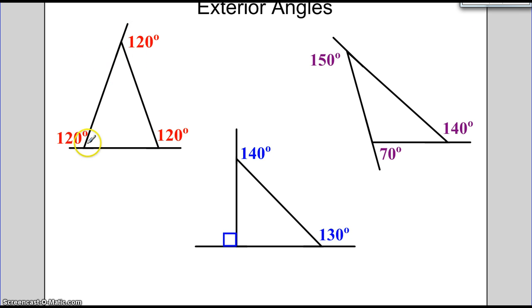What do I notice? This is 120, 120, 120, 150, 70, 140, 140, 130, 90. What do you think they all add up to? Let's take 120, 120, 120.